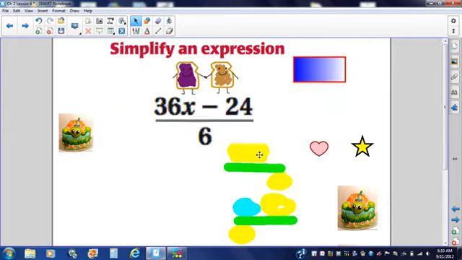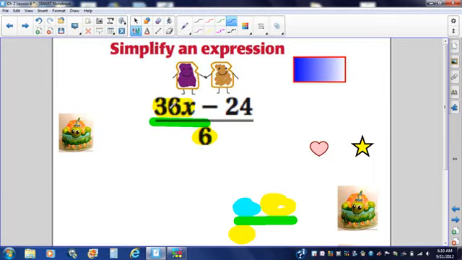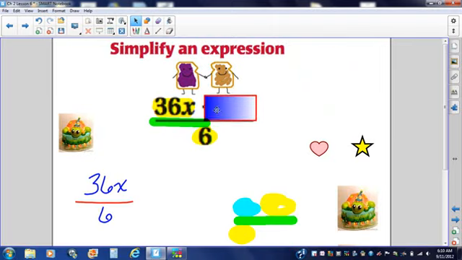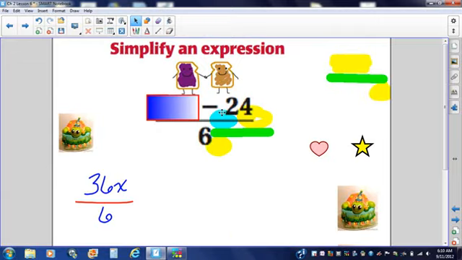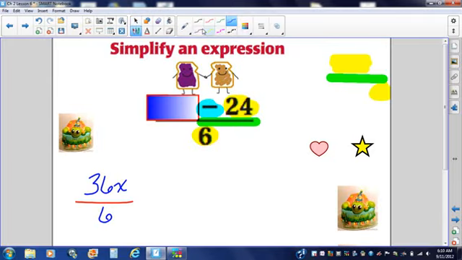This is what I mean. We are going to write 36x over 6. So basically I wrote 36x fraction bar 6. That's what I have right here. Now I'm going to write minus or negative 24 over 6.